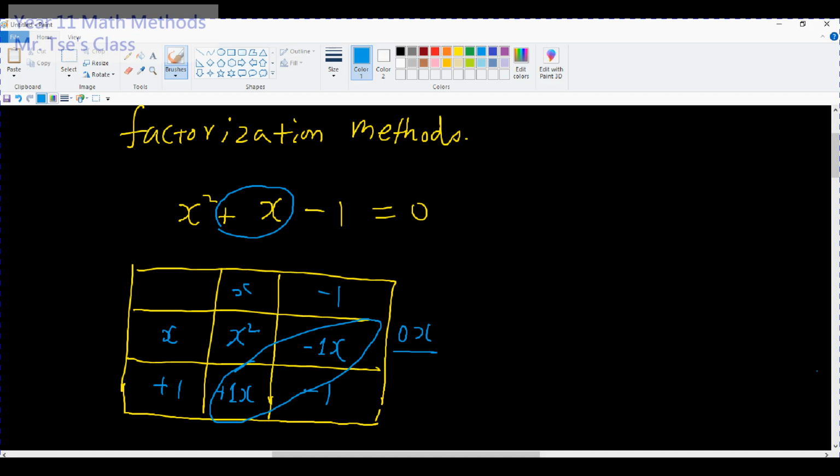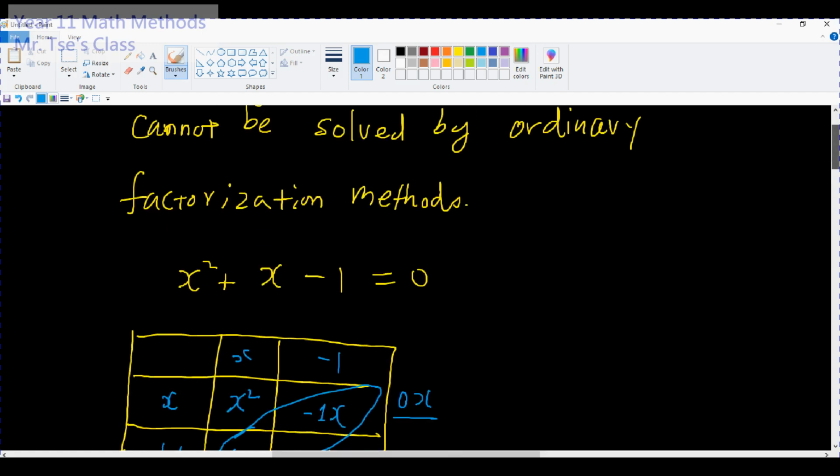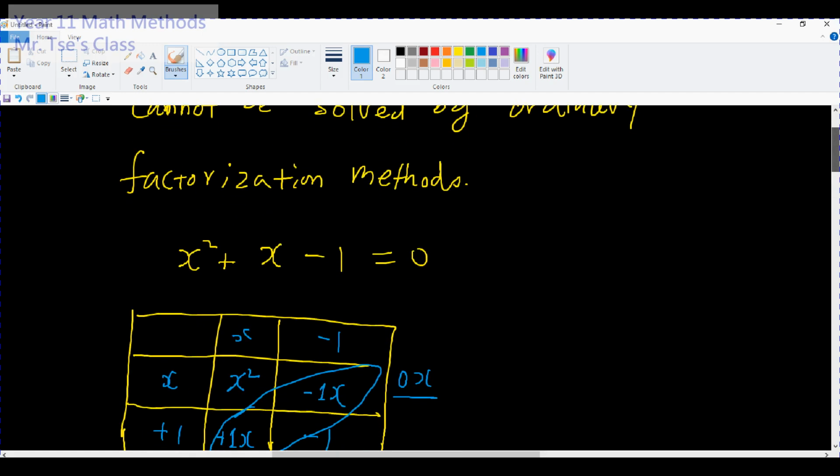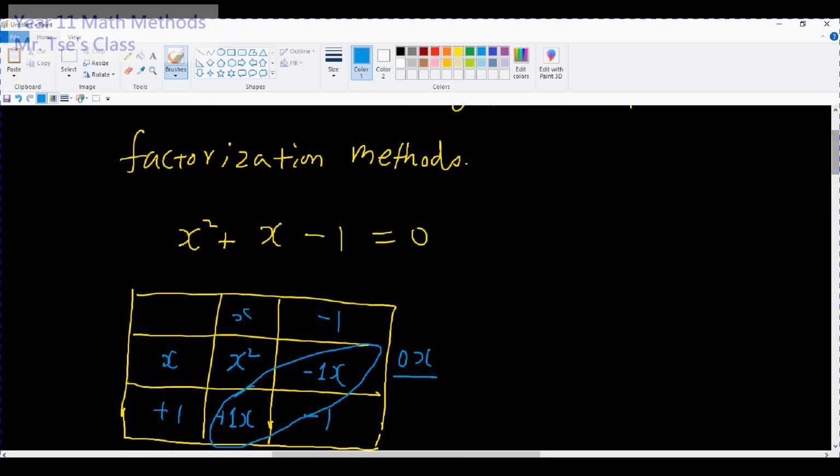That means tabulation just fails. It just can't be factorized by using a table. So that's why for this question you can't solve it by using factorization methods.